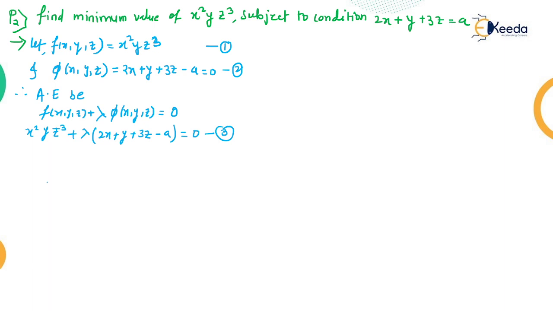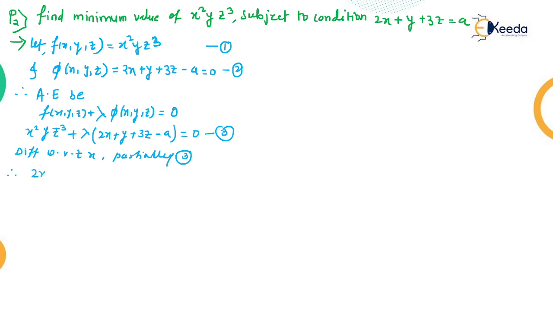The similar process applies here. Differentiate with respect to the number of variables in your question, which are x, y and z. Since this is a function of three variables, we differentiate three times. First, differentiate equation 3 partially with respect to x, keeping y and z constant.